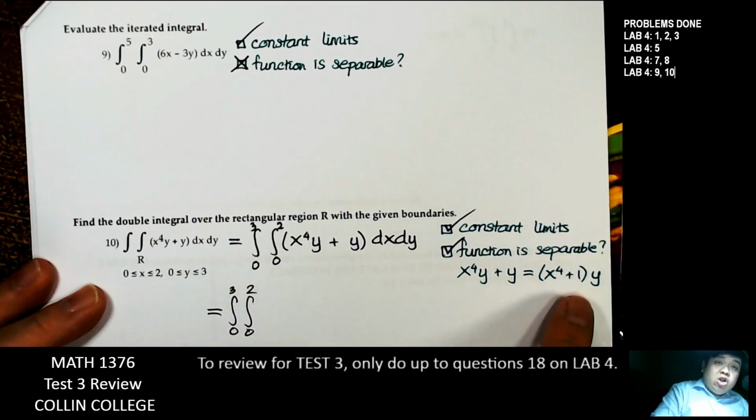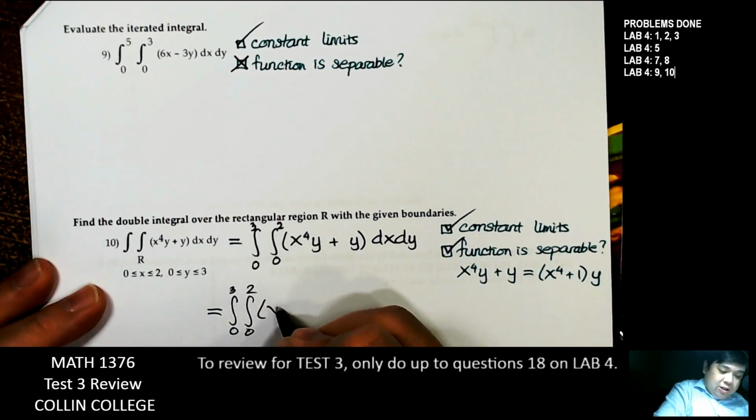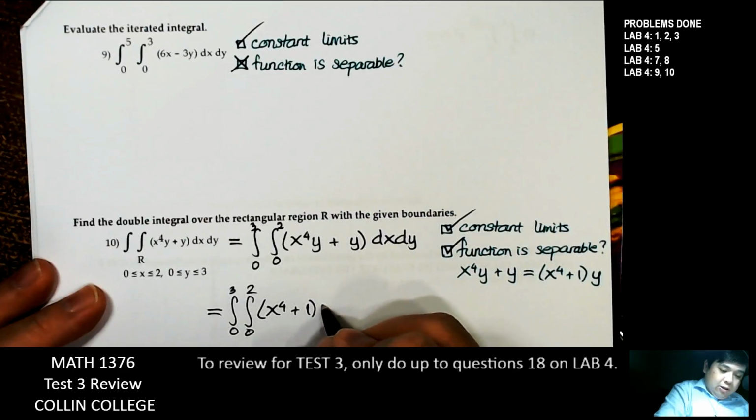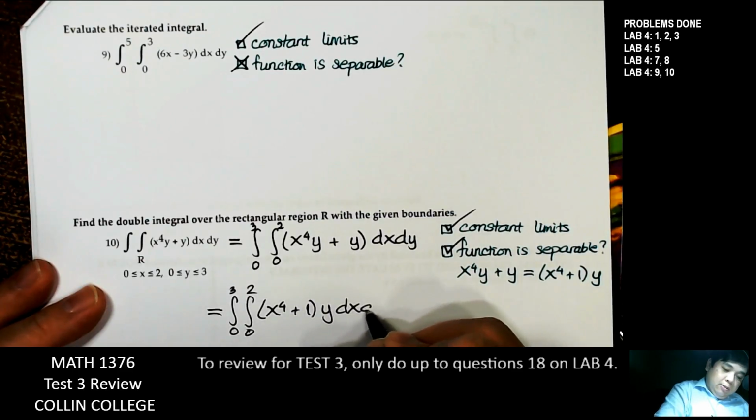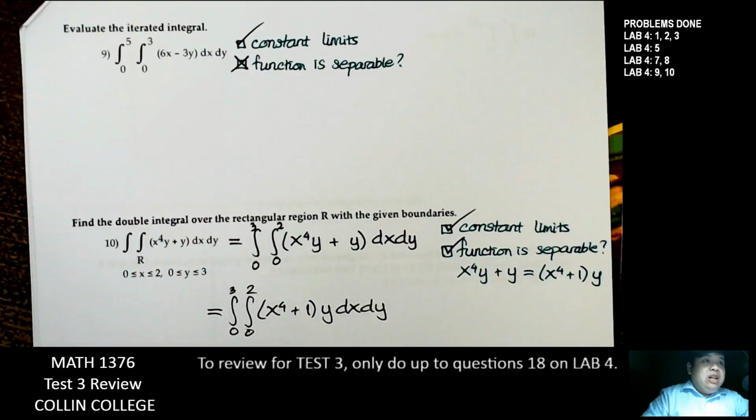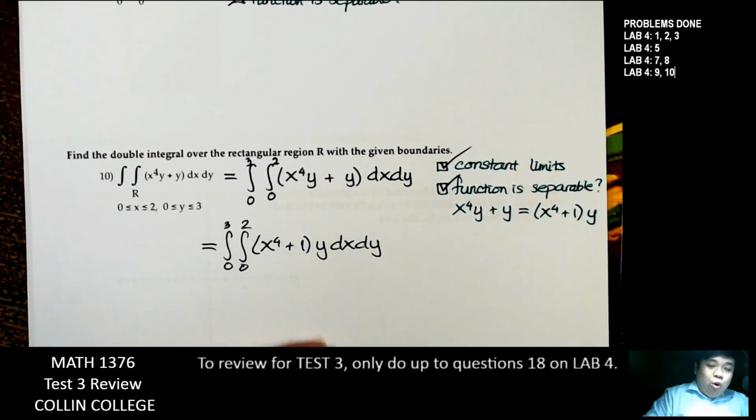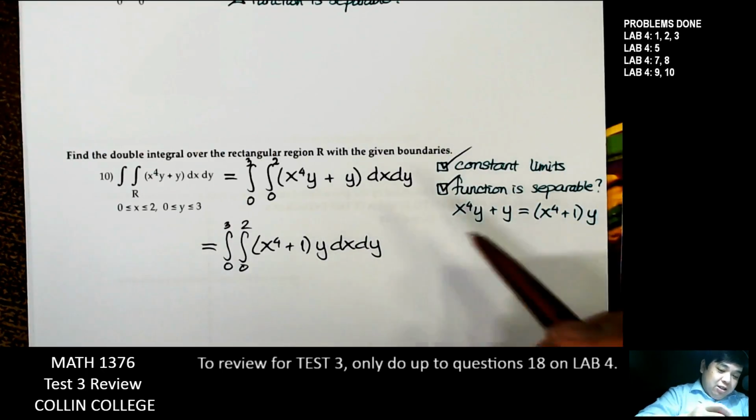Now instead of that function, we use that function. And then Fubini's theorem says we just group all the x together, all the y together, and evaluate the single integrals. Right. The x first.